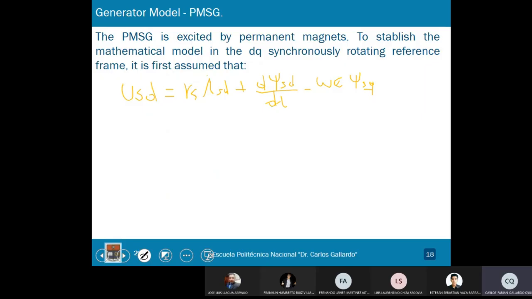I am working on the stator. This is my first component. What about the second component? The second component is the quadrature.